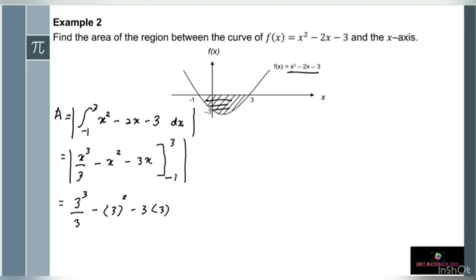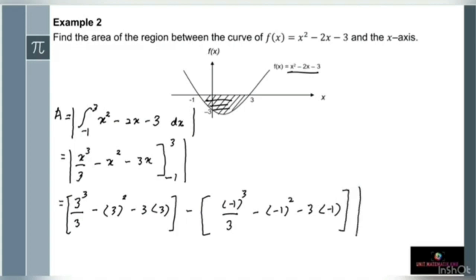3, close, minus, careful here. So we have -1 to the power of 3 over 3 minus 1 squared minus 3 times -1, and we close.